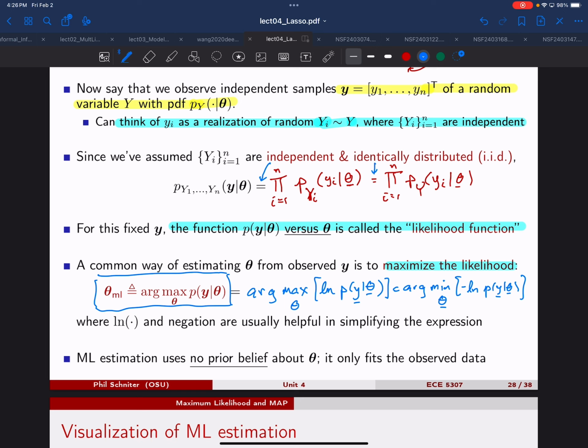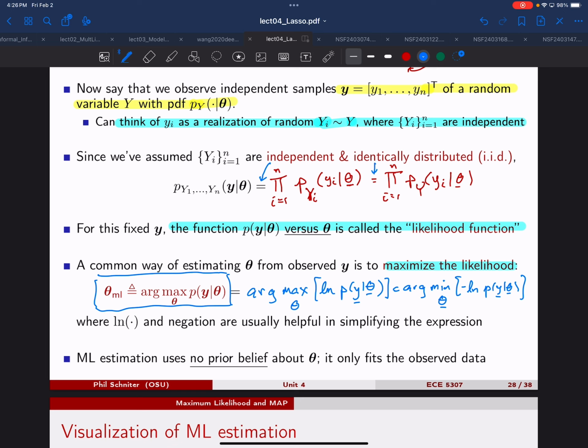Okay, so one thing I just want to point out, and we'll get back to this later, is that in doing this, I am making no assumptions about the values of theta itself. Maybe I happen to know that theta should be positive. Well, I'm not actually using that here. Or maybe someone tells me your theta should be close to the value 1. I'm not using that information here. We will use that information later in this other approach called MAP. But right now in maximum likelihood, it ignores that information.